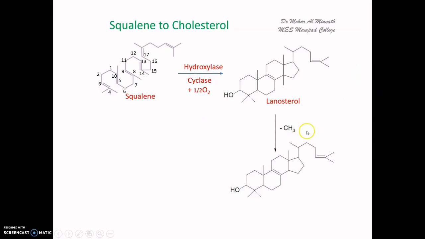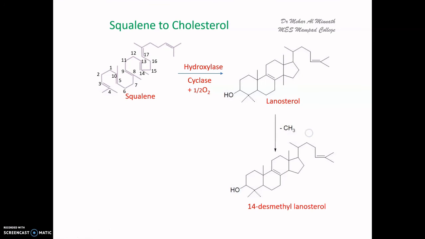This methyl group is lost and forms carbon dioxide. And you get 14-desmethyl lanosterol, that is lanosterol without one methyl group. Methyl on the 14th carbon is lost.